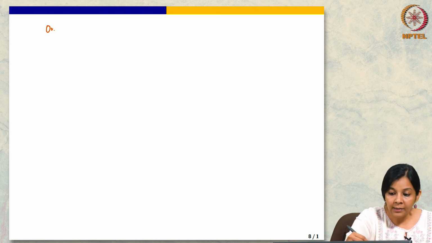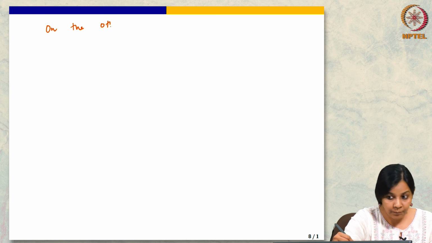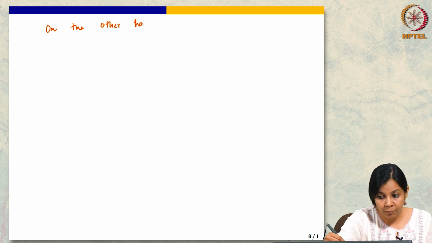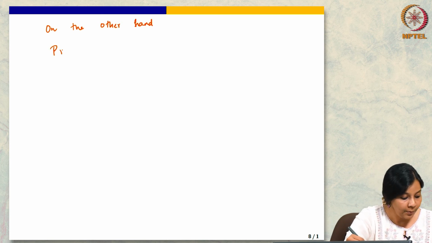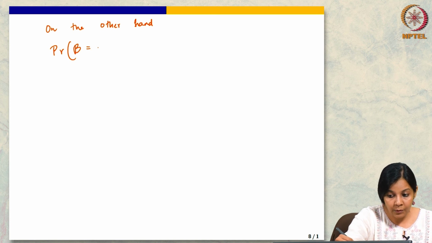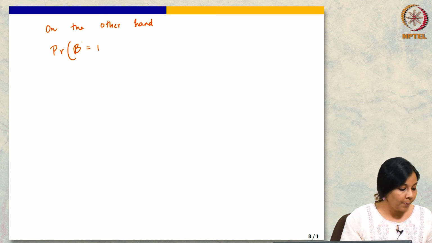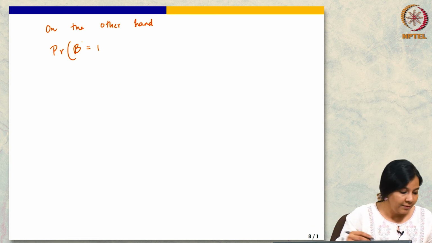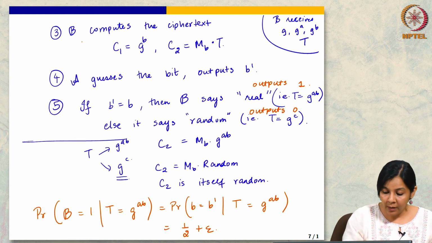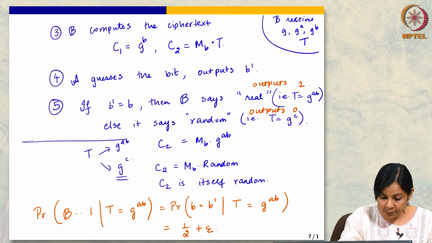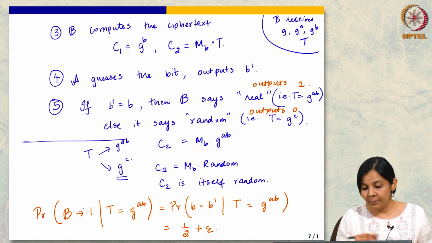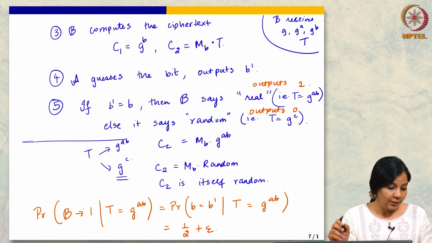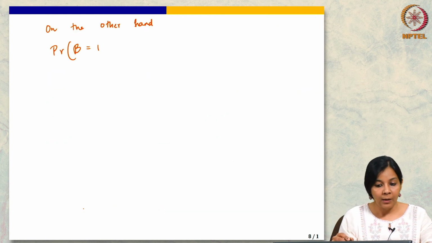So, now on the other hand, what is the probability that B outputs 1 when T is equal to G to the C? Maybe I am being a little loose in how I am writing this, so B equal to 1 means that the output of B is 1. Okay.